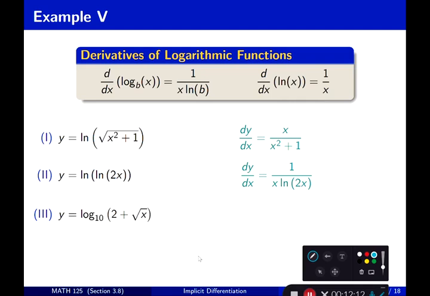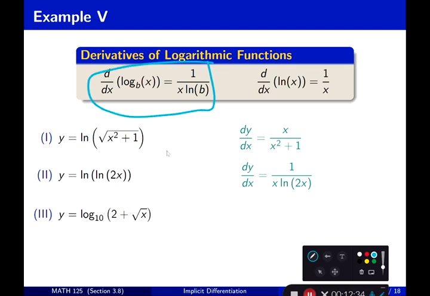Example 5, part 3 now. Let's take the derivative of log base 10 of 2 plus square root of x. Nothing to do with the logarithmic laws here, so let's just use this formula this time.